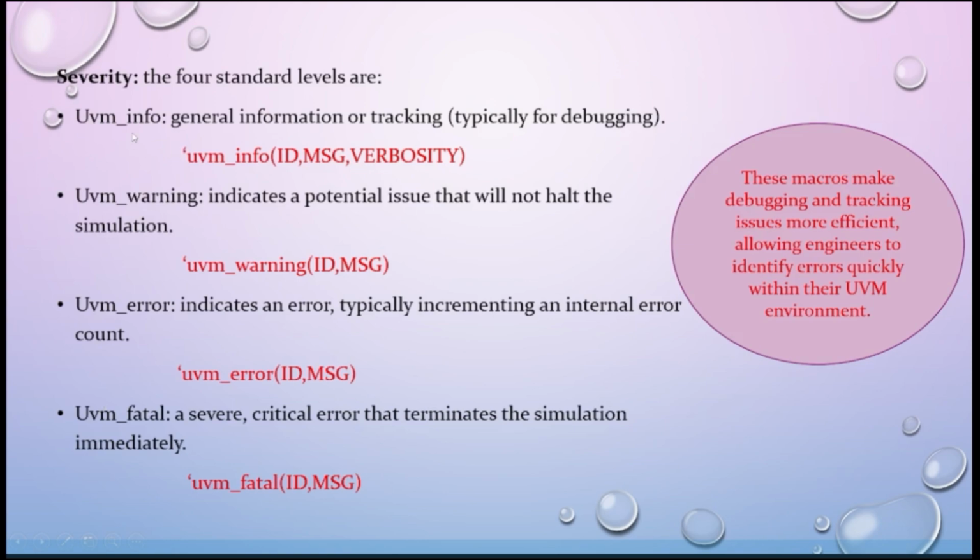Whenever there is some general information, for example information about a component, or any tracking of the progress of the simulation or of the test bench, it is reported. As before, the UVM report handler reports everything: progress in the test bench, any issues faced, debugging.